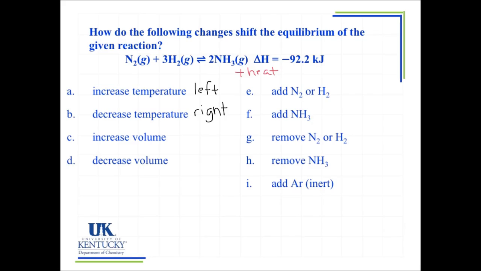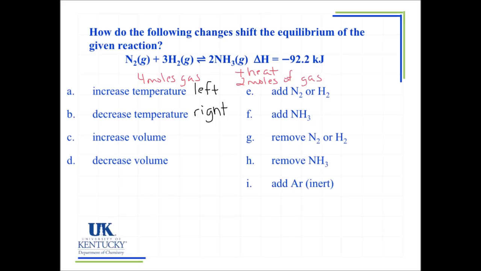We can also look at increasing the volume or decreasing the volume, and in order to do that, what we have to worry about is the moles of gas. When I look at my reactant side, all my substances are gases, so I can count everything. On the left side, I have 4 moles of gas, and on the right side, I just have 2 moles of gas.